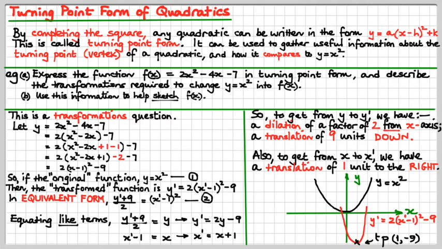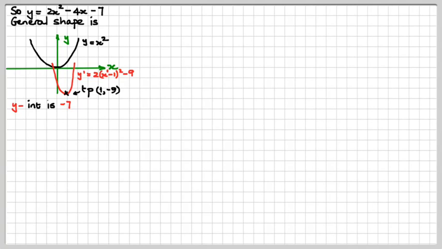Now, over the... oh, yes, that's good. And over the page, what do we got? So we got y equals 2x squared minus 4x minus 7. General shape is that. Turning point is 1 and minus 9, because that's what we had as I showed you on the previous screen. It was 2 times open bracket x minus 1 all squared, close bracket, minus 9, right?